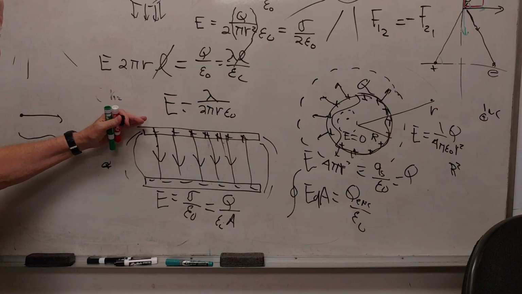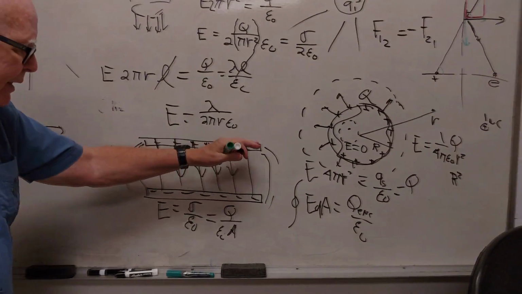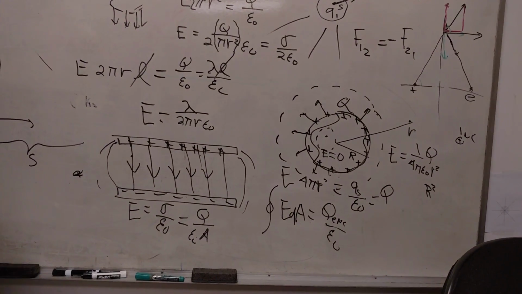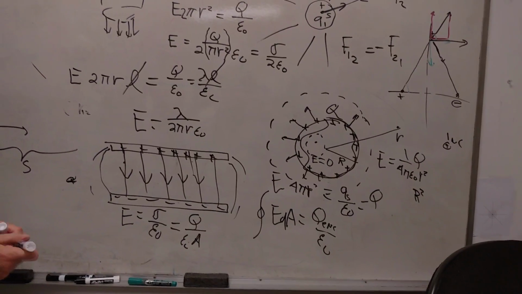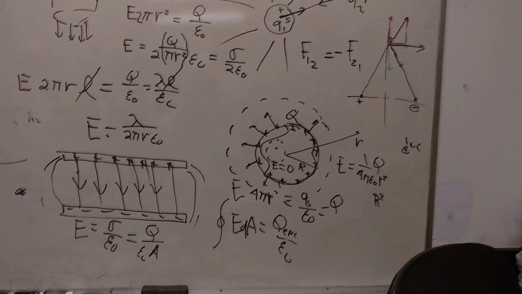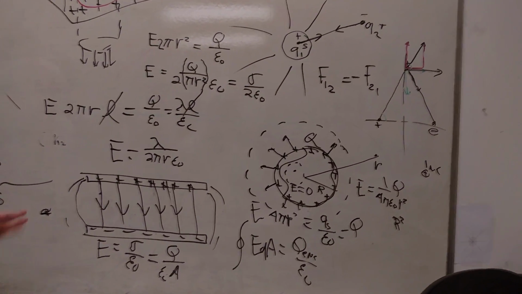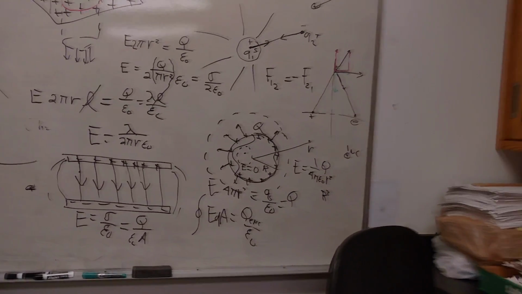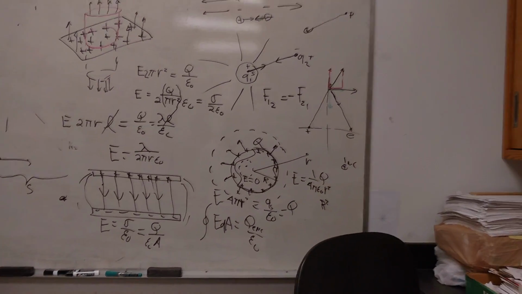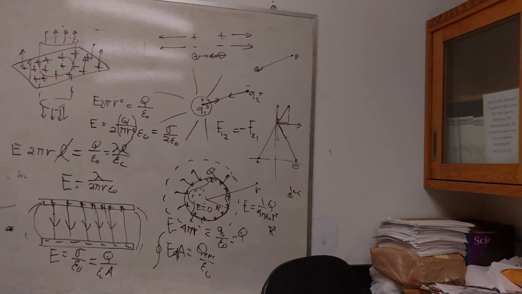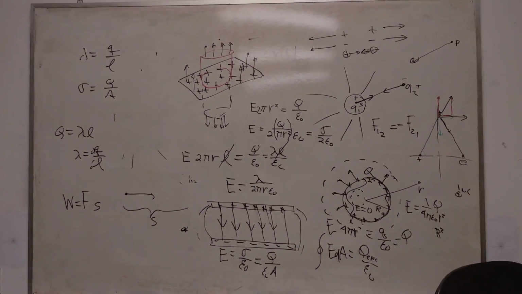So the total Q divided by the area of the plates, and that's it. The distance doesn't count, like here it doesn't count. So you have three formulas using Gauss's law: field of a sphere, field of a rod, and field of a parallel plate capacitor.